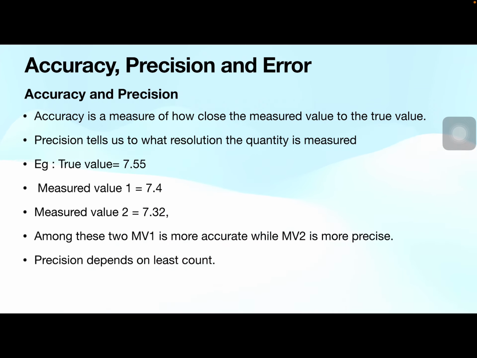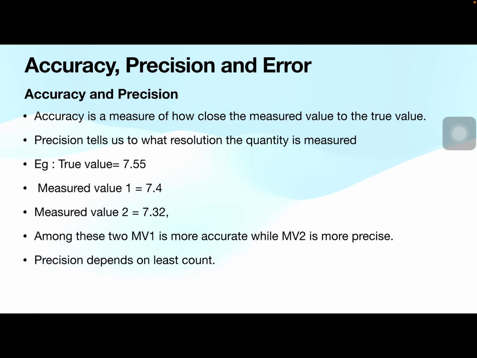Let us see an example. The true value of a measurement is 7.55, and two persons measure it with measuring instruments. The first one got the value 7.4 and the second person got the value 7.32.